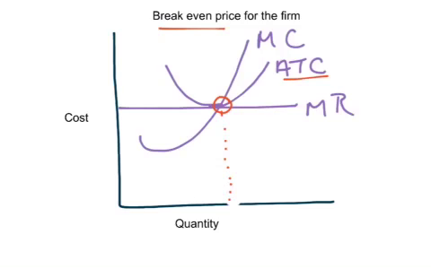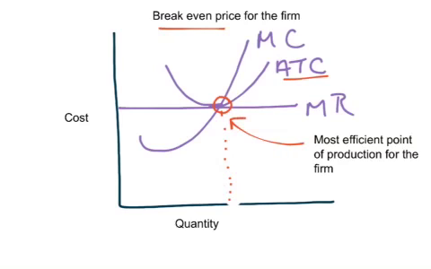There's also another added benefit at that low point of the ATC. This low point of the ATC is also the most efficient point of production for the firm. So here we are bringing together a few different ideas that are presented in the chapter.